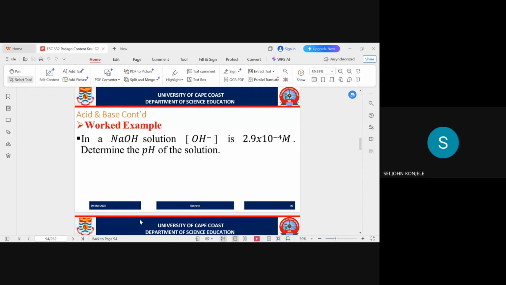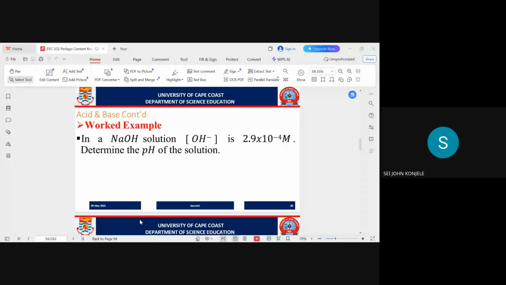The question is saying we should calculate the pH of the solution. So first, what I did was that they have given us the OH ion concentration, so I find the pOH by putting in the value for the OH concentration into the equation, where pOH is equal to negative log of the OH concentration.